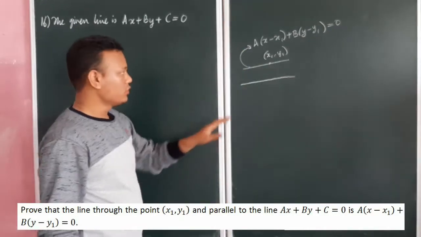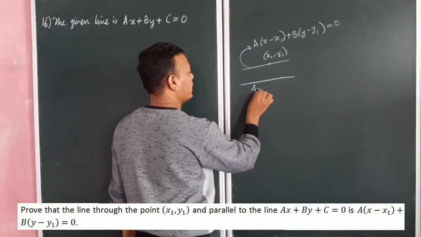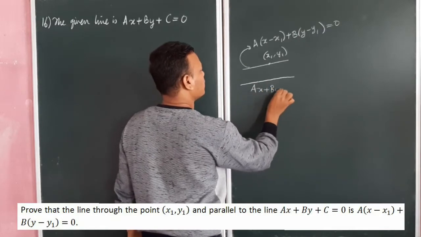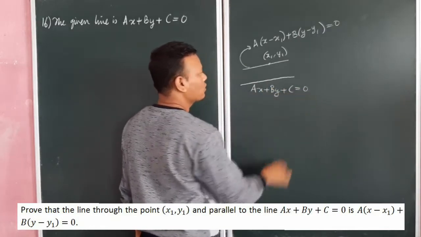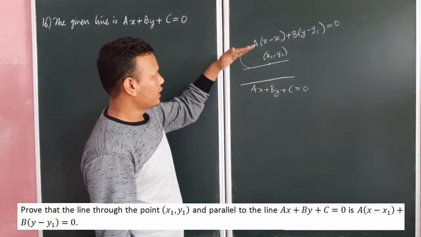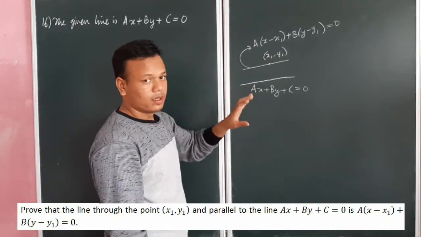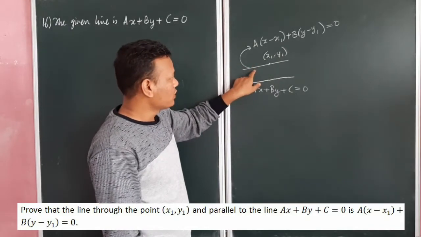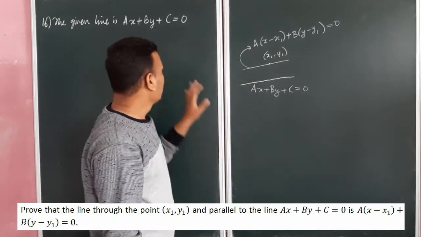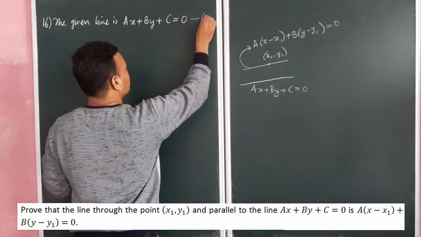I hope the question is clear to you. So this is the given line, Ax + By + C = 0, and there's a line parallel to this which passes through (x1, y1). We need to prove that the equation of this line will be this much. Let me call this equation 1.